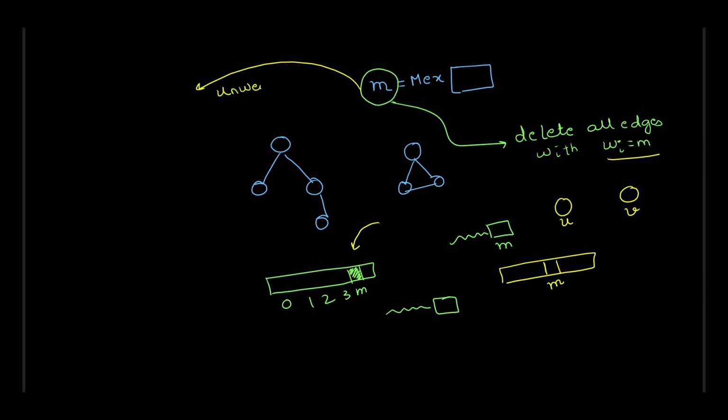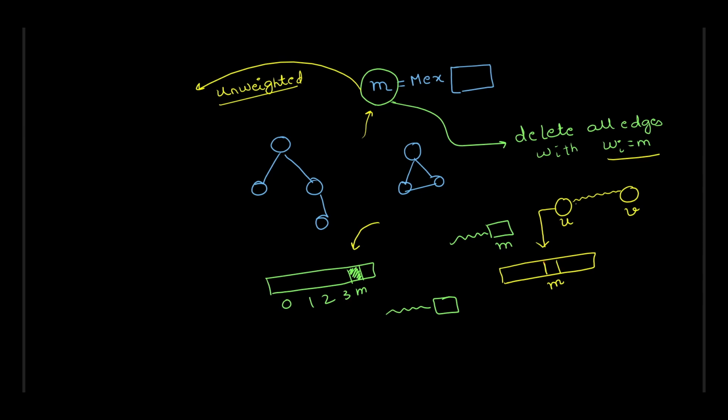Because now you are freely allowed to take any edge, since none of them will contain m. Now let's see if things are as simple as just checking the connectivity. Suppose u and v are indeed connected. Can you say that their MEX is m? Actually, this is not true, because this gap will still exist.